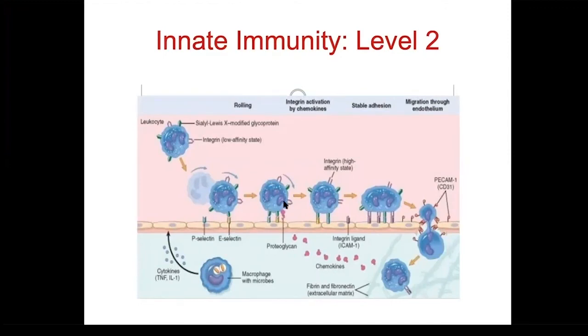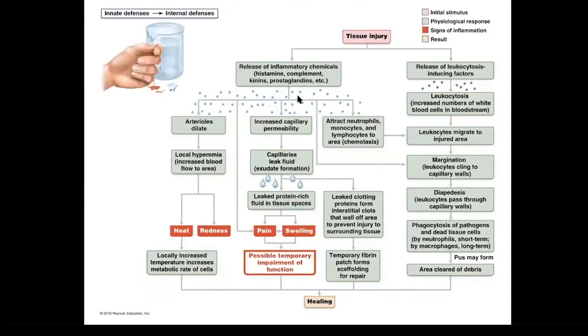This stops the leukocyte. This is the margination. And then the leukocyte will squeeze in between adjacent endothelial cells, and that's the diapedesis, and move toward chemicals by chemotaxis to the injured site. This is a good way to put it all together. You may want to stop the video and copy this flowchart down.